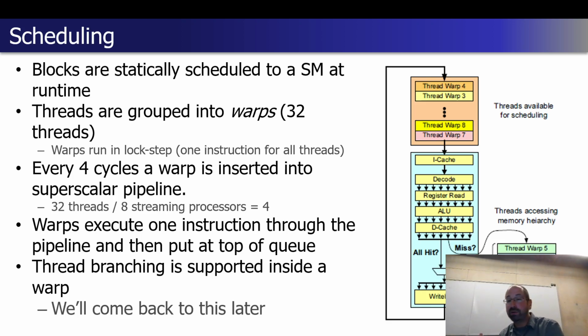If you have all 32 threads in your warp doing different things, it will compile, it will execute, but you've basically entirely serialized your code. There's really no point in having that, because for all the different branches you may have inside your code, in order for this mechanism to still work, you basically have to execute all of those branches. I'll try to get to that a little bit on Thursday.